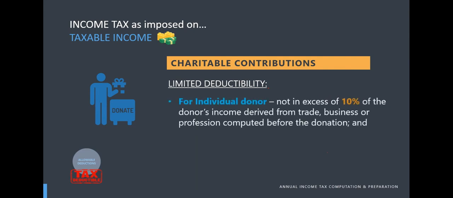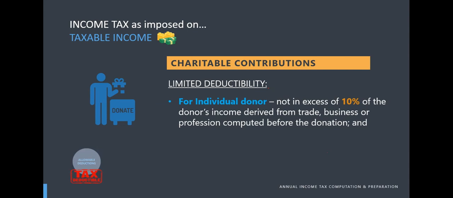So, for individual donors, the charitable contributions must not be in excess of 10% of the donor's income derived from trade, business, or profession. This is the same application as with representation expenses.